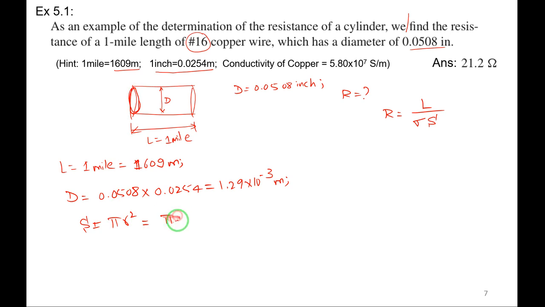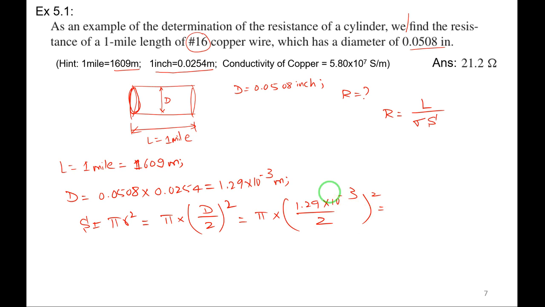We have the diameter, and the diameter divided by 2 gives the radius. So the radius is d by 2, whole square. So pi into d, which is 1.29 into 10 power minus 3, divided by 2, whole square.